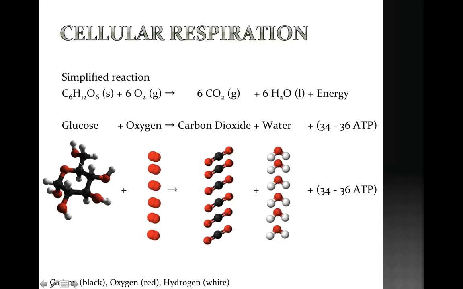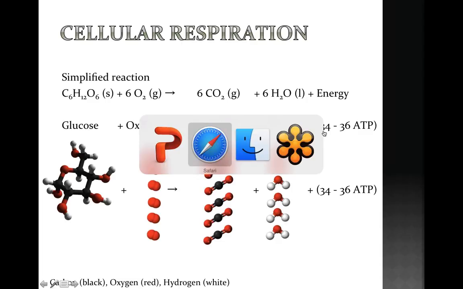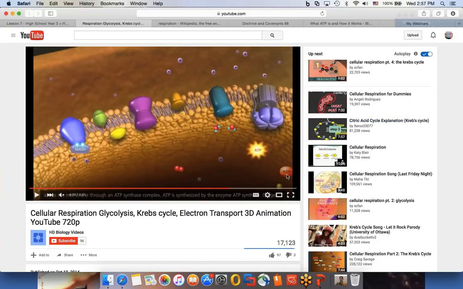When you break down the bonds between the carbon atoms, energy is being released. That energy is harvested, collected, or transformed into the ATP molecules. The way that it happens is that the ADP, adenosine diphosphate, which has 2 phosphate groups, gets transformed into ATP, adenosine triphosphate, with 3 phosphate groups.